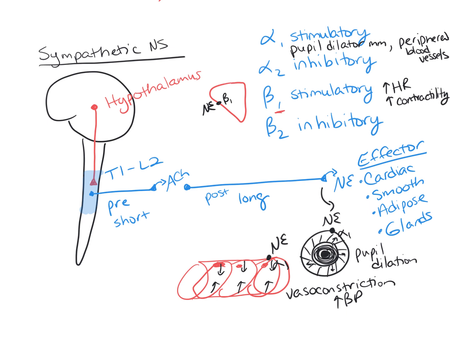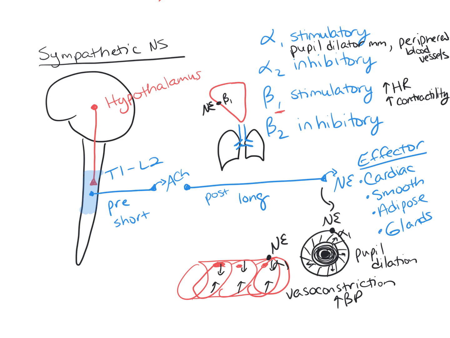Then we have the inhibitory, beta-2 and alpha-2. So beta-2 is going to be found, that receptor will be found on the lungs. In particular, it's found in the airways of the lungs.